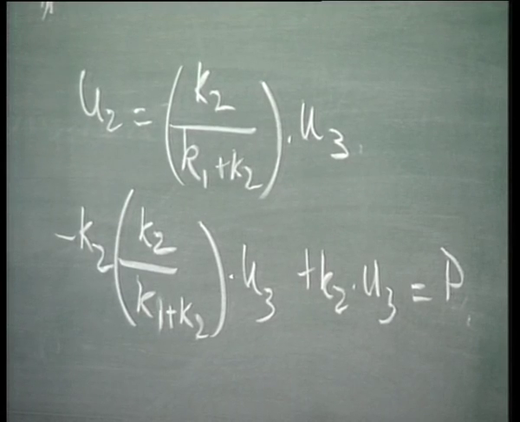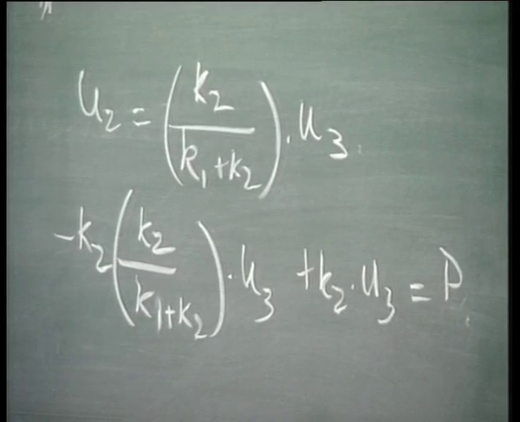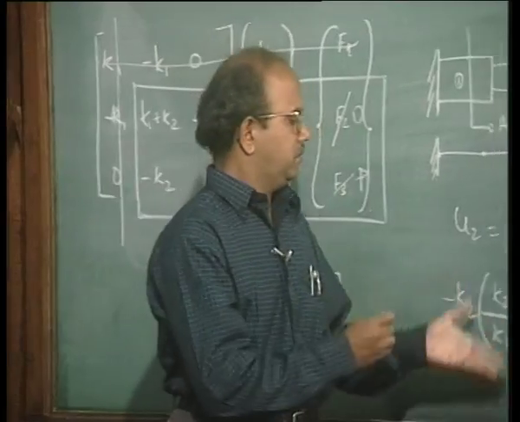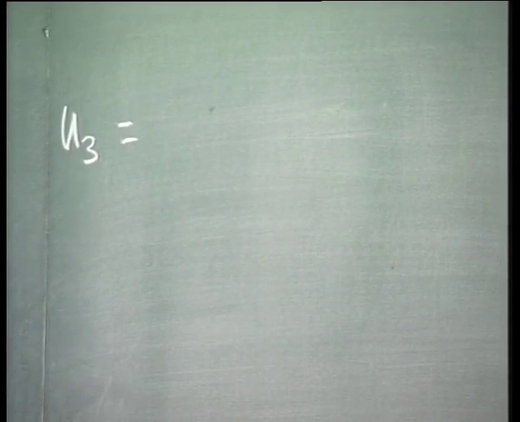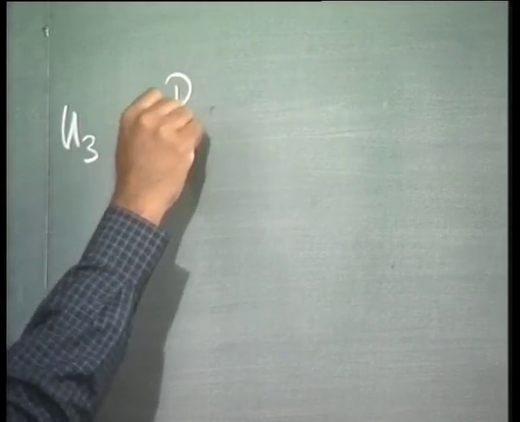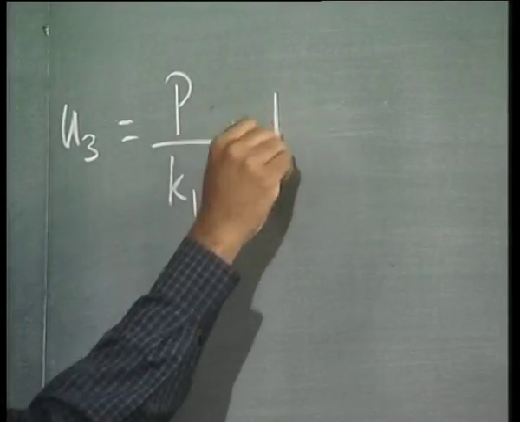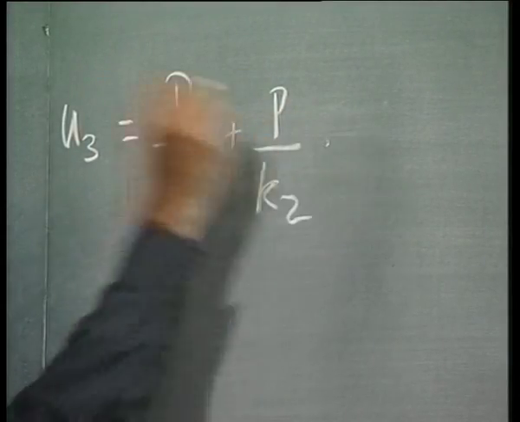Now I just have to determine u3. Solving it, which is very straightforward, u3 is equal to P divided by k1 plus P divided by k2.